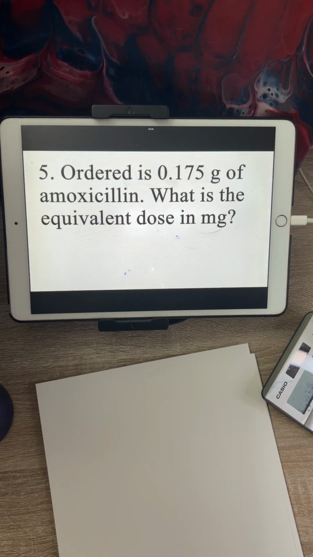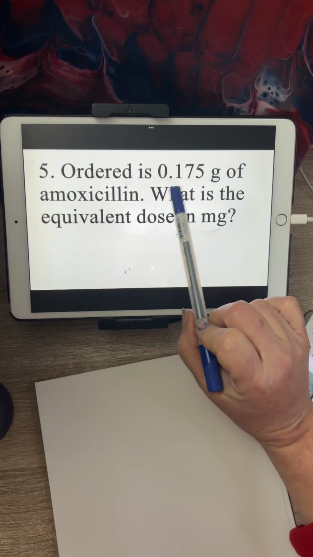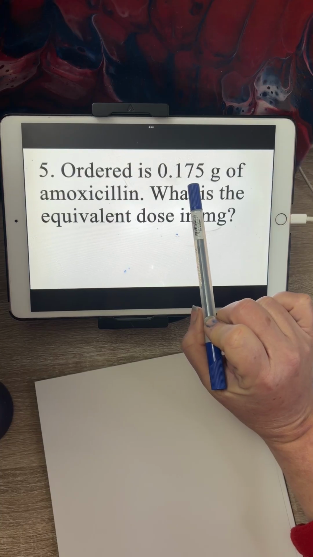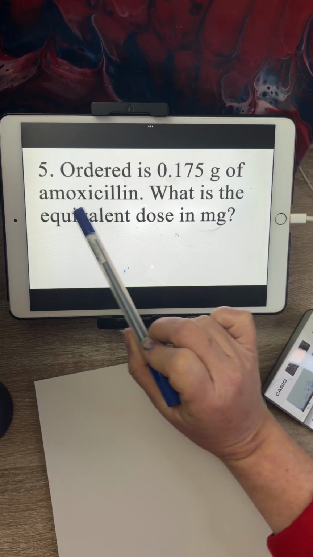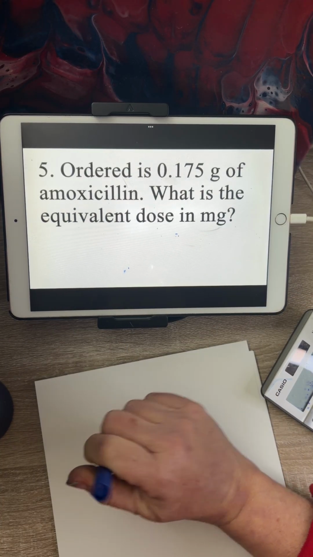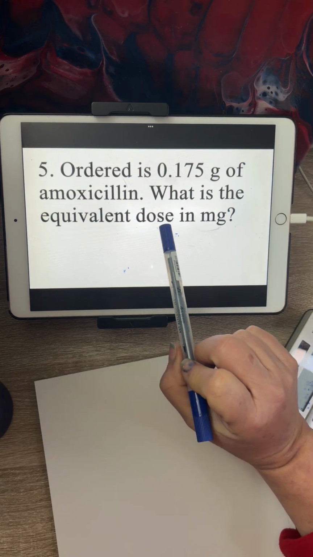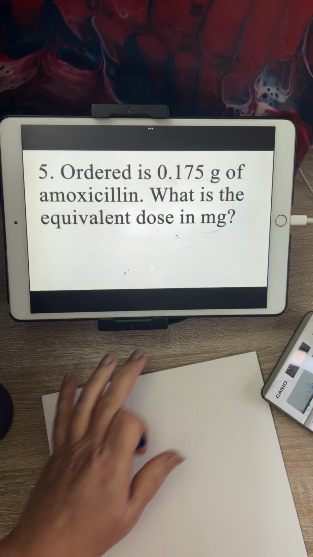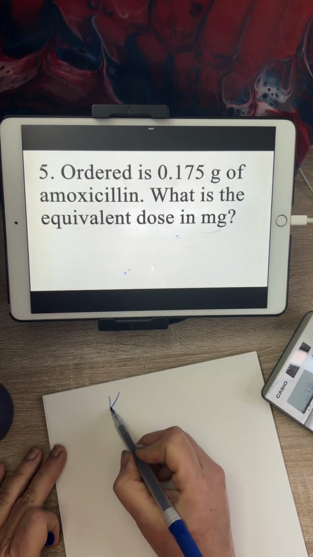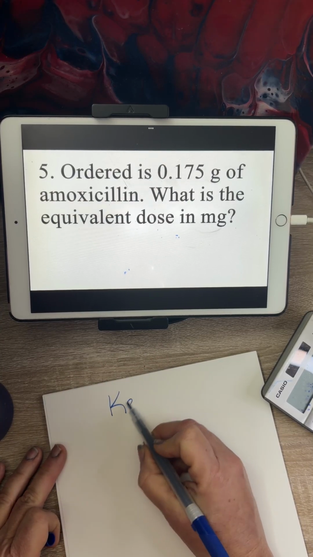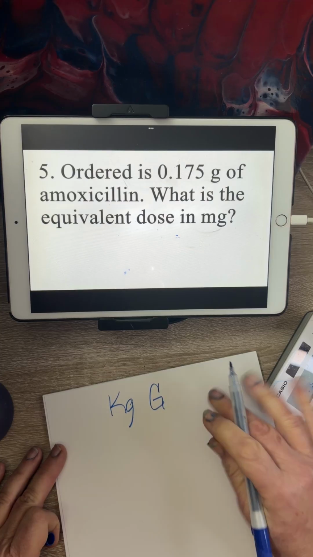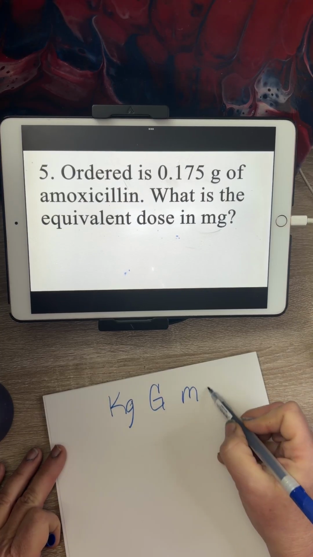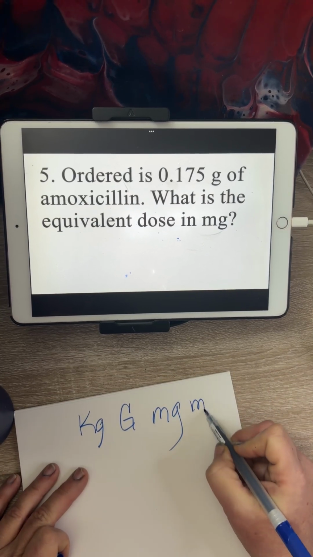The order is 0.175 grams of amoxicillin. What is the dose equivalent in milligrams? So, you have kilograms. I'm going to put a G. Grams, milligrams, and micrograms.